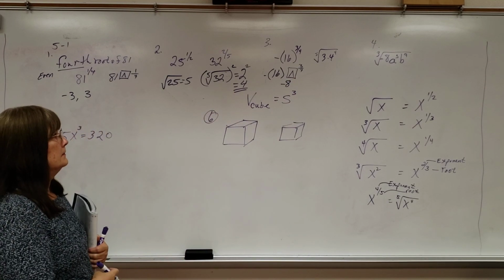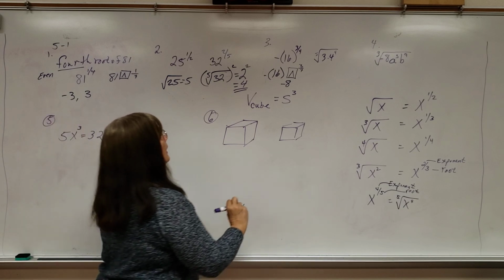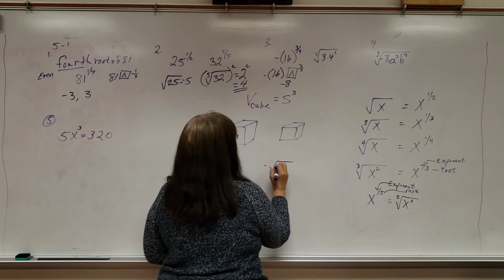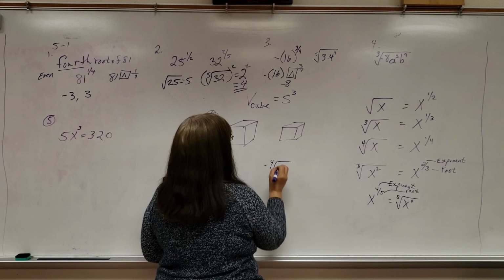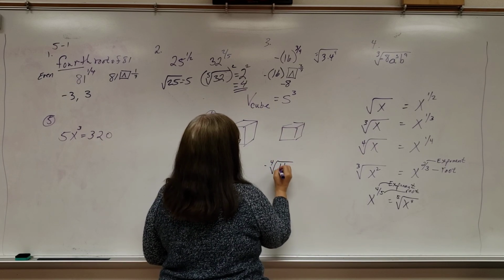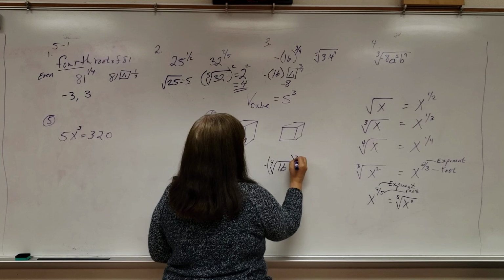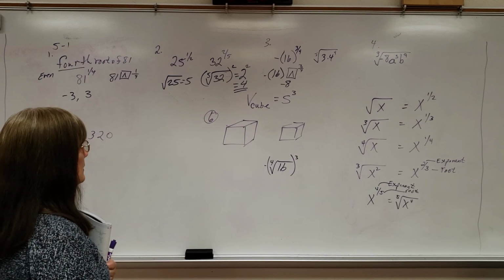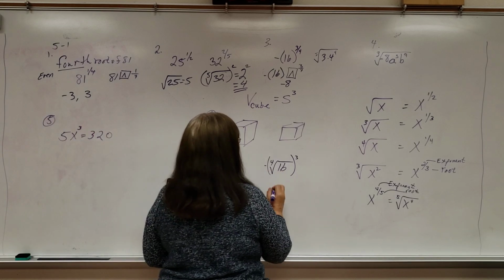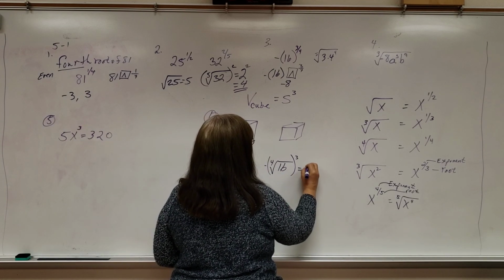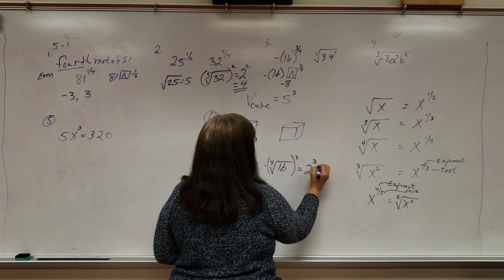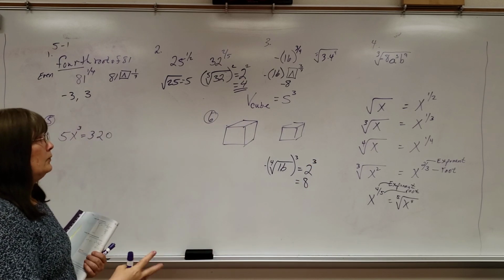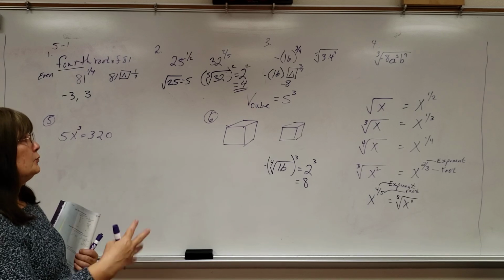Again, if we put it in the other way where we have negative 4th root of 16 cubed, once we work this out, the 4th root of 16 is going to be 2. 2 cubed will be 8. So those are two different ways that we can do this problem.